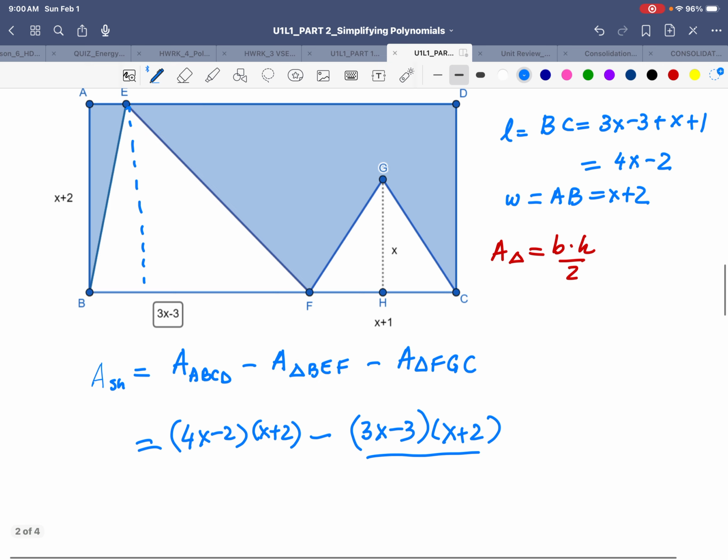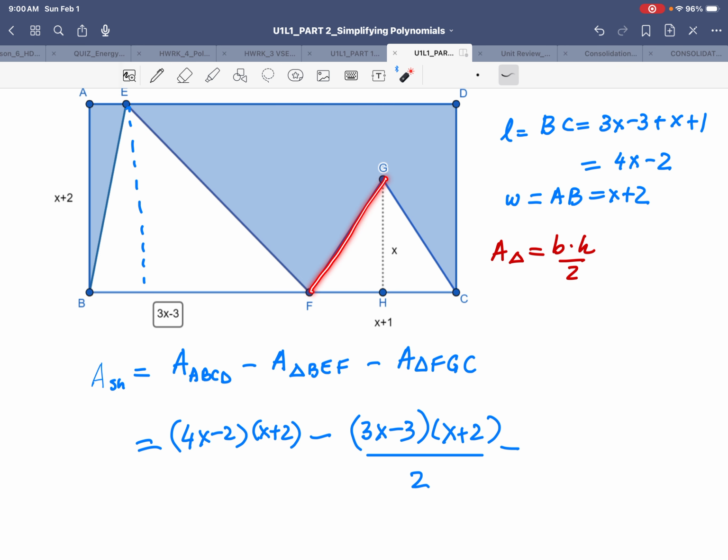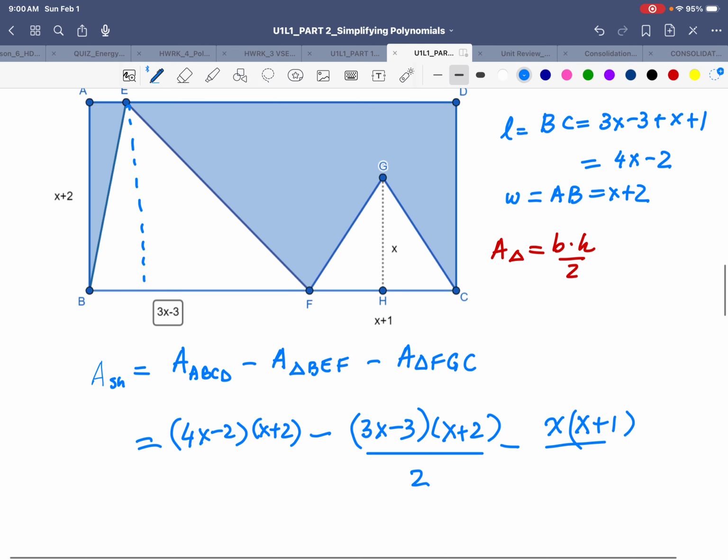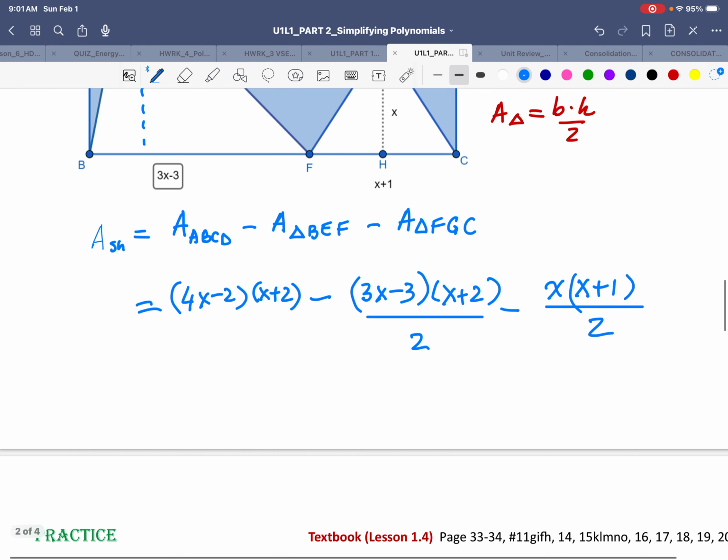And divide this by 2. And then we are subtracting this area right here. And we are given that the base is x plus 1, the height is x. And usually I like to keep the monomials before binomials, makes the multiplication feel more natural, divided by 2. And then all we have to do is expand and simplify.